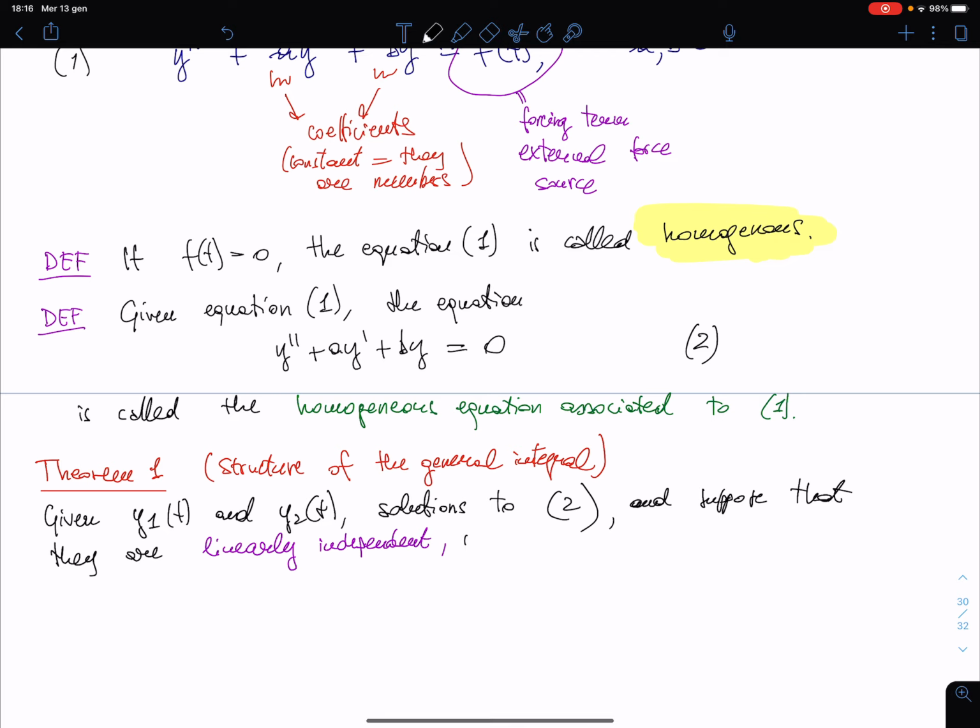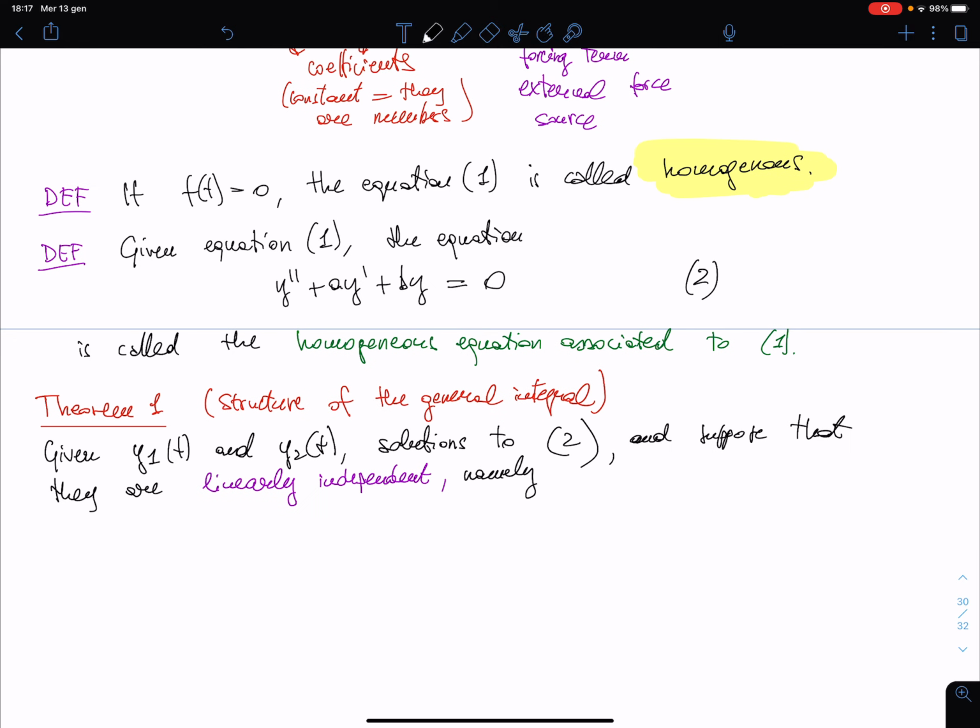Namely, this means that if C1 y1 of t plus C2 y2 of t is equal to 0, with C1 and C2 real numbers, for every t, then C1 is equal to C2 is equal to 0.